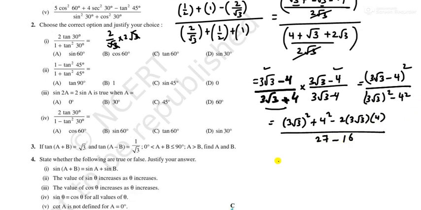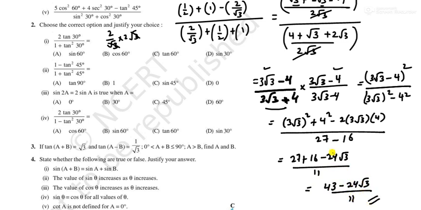Okay, so on solving, again you will get 9 3s are 27 minus 16. Here 3 2s are 6, 6 4s are 24 root 3. Okay, this divided by how much? 11.